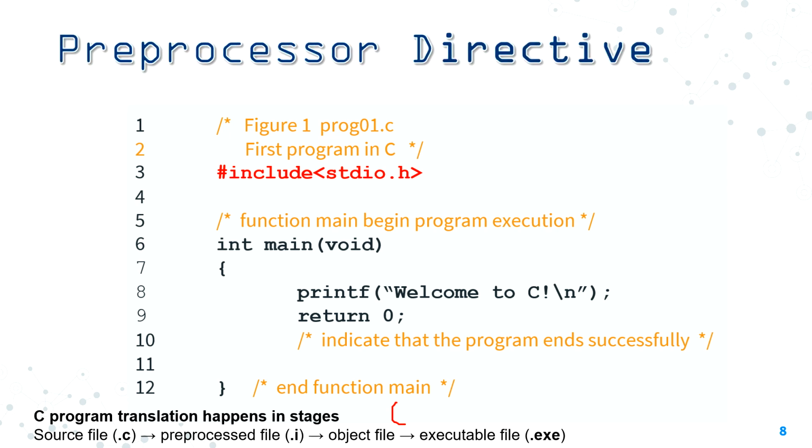Let's say you have the program name again, and it must be saved in the .obj format. That's for the object code file.